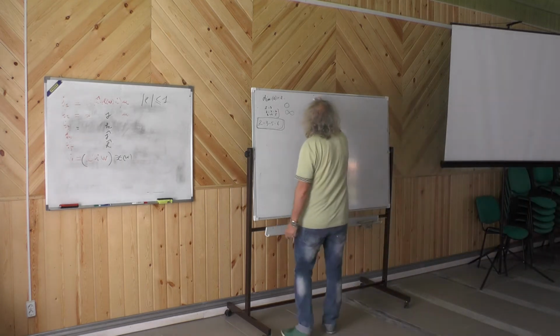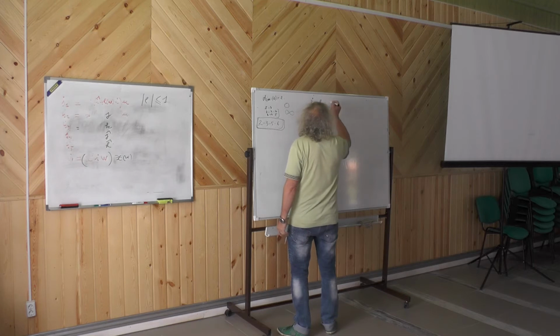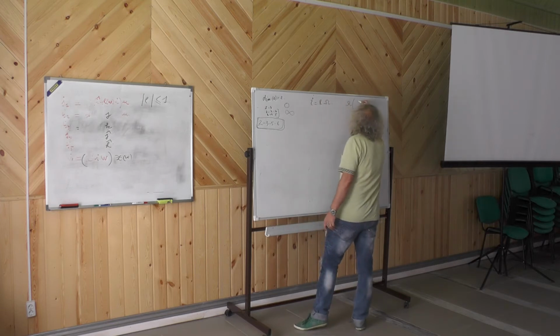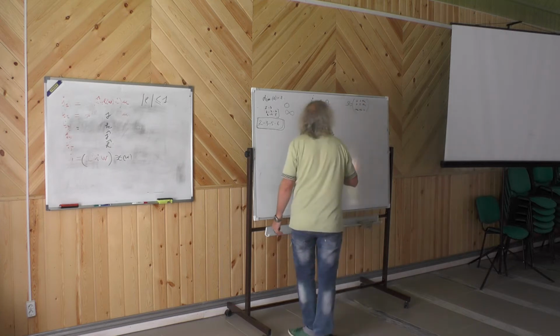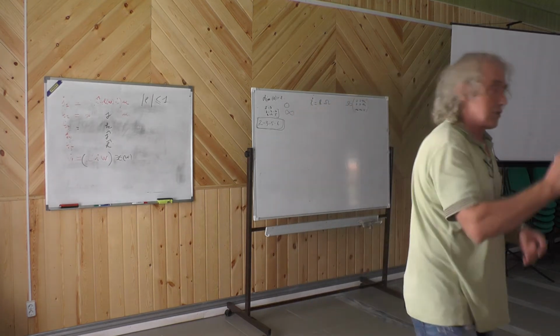I remind you, the equation of the frame attached to the ball is like that, where omega is the matrix 0, 0, u1, u2, 0, 0, u2, minus u1, minus u2, 0. This is the omega. This is the motion of the frame attached to the ball.